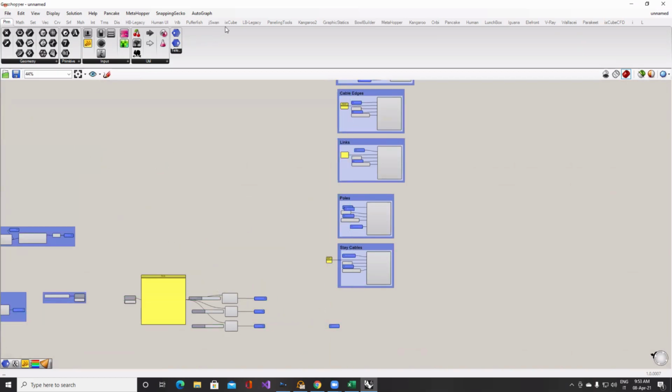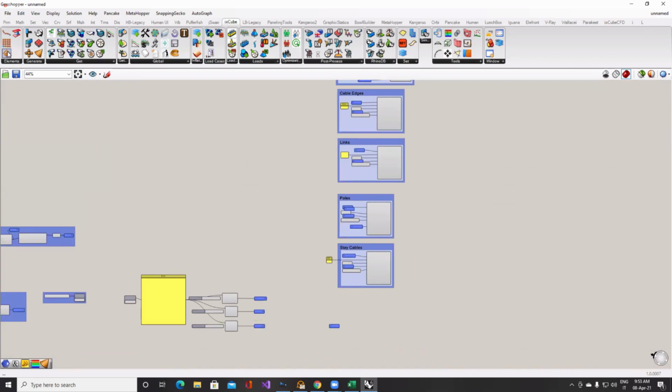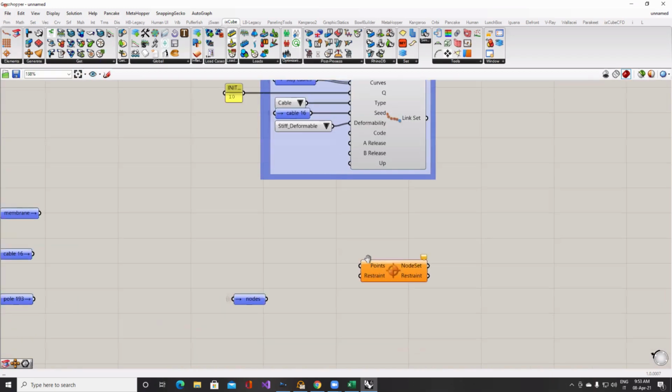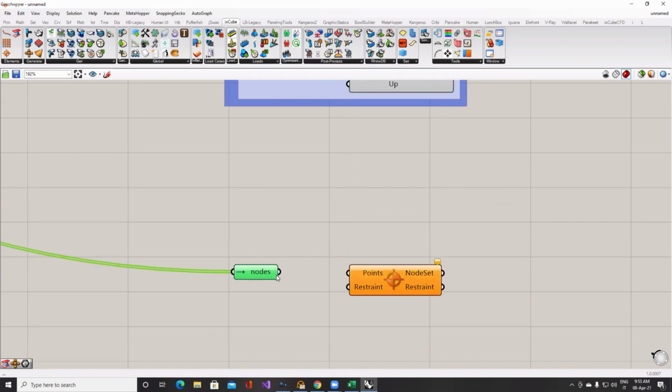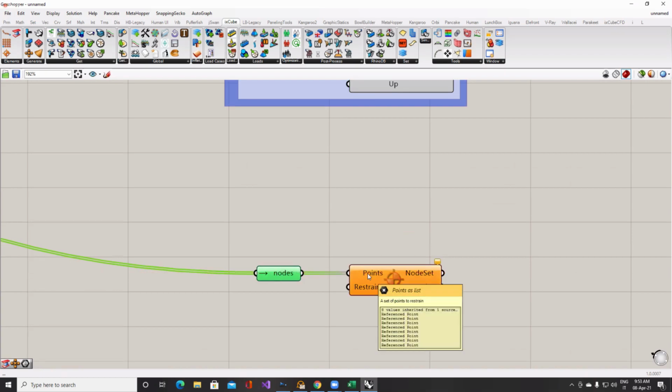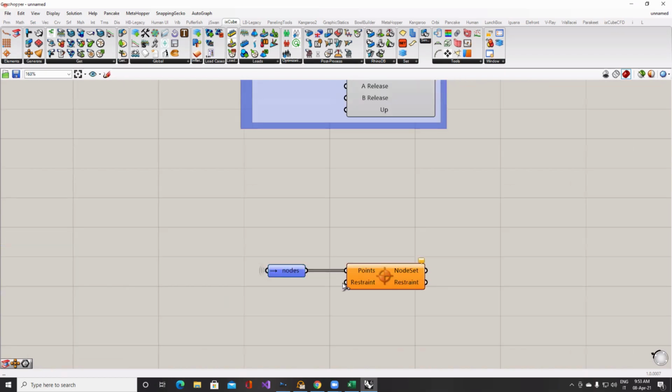If we go back to XCube, we have a node set. A node set, simply we define a number of constrained points. We need to input a list of points, and then we need to input the restraint. We have a restraint definition here.